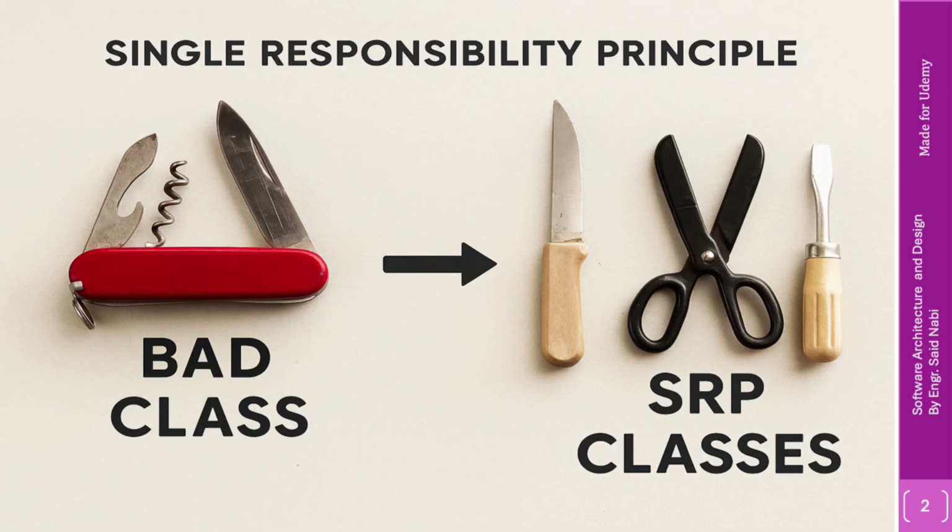On the right hand side you can see that each tool is used for a specific job, but here this tool can be used for different types of jobs. So this is considered the bad class, while these are the classes which obey, which do not violate the SRP, the single responsibility principle. So our classes should obey the single responsibility principle.